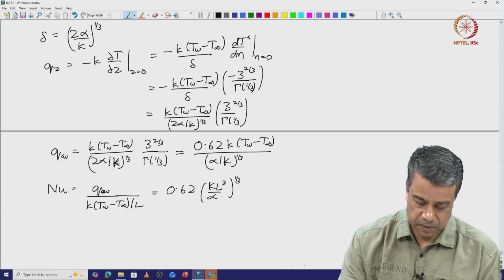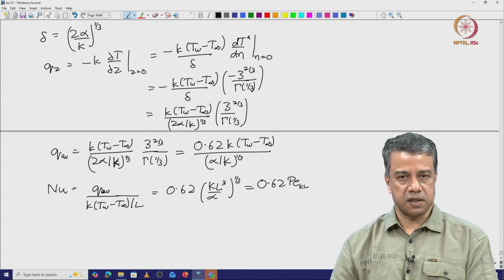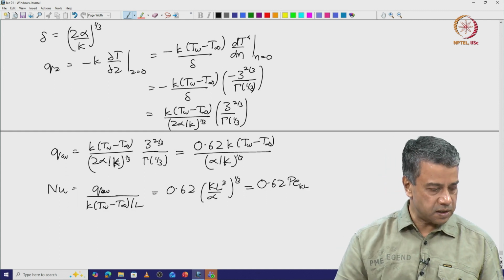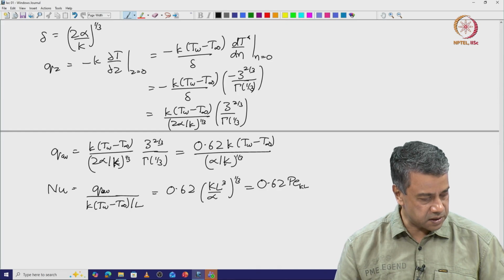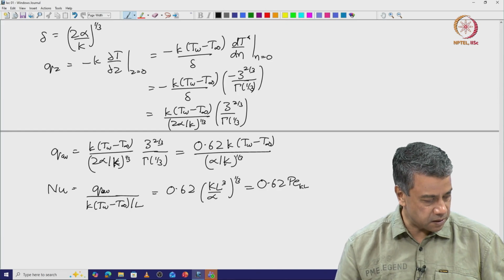A Peclet number based upon the parameter k in the stagnation point flow and the total length. So this is the expression for the boundary layer thickness in a stagnation point flow.